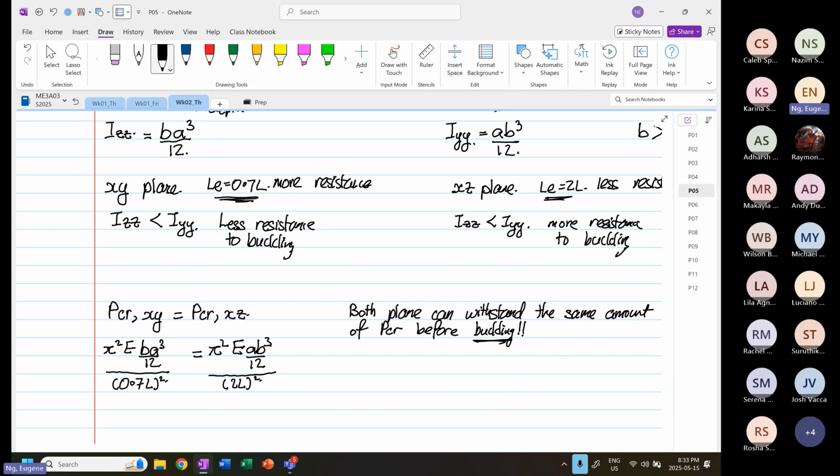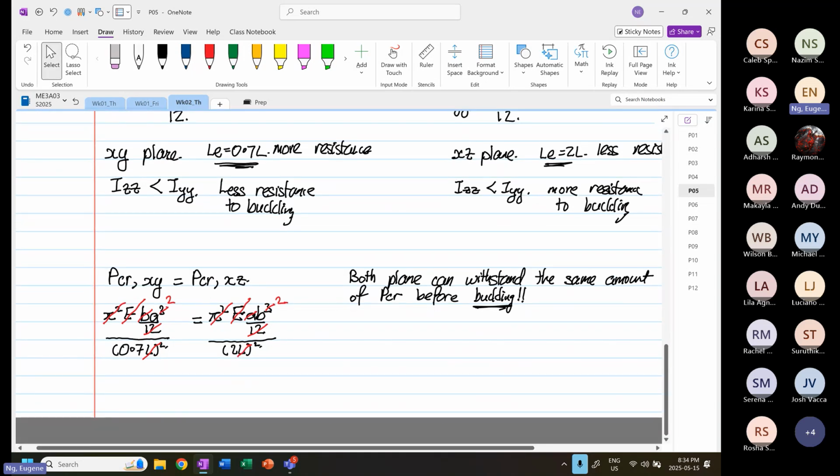So let's see what we can get rid of. We can get rid of pi squared, E, 12, and L. We can get rid of one of the B's, and this will become squared. We can get rid of one of the A's, and this will become squared.